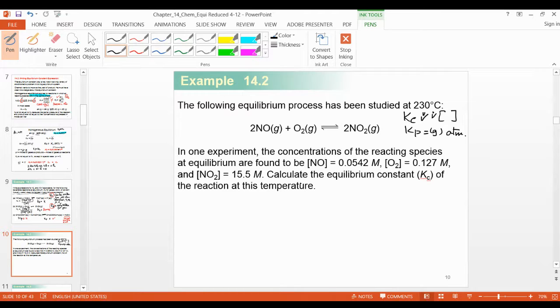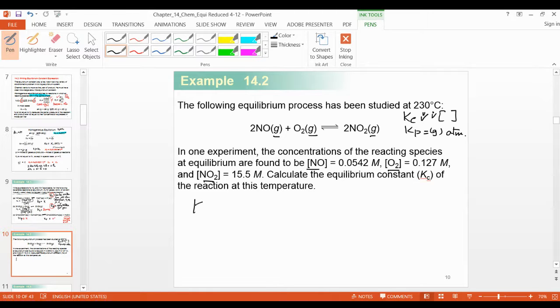So now look here. Although it is all gases, I told you Kc can be written for all, and the concentration is given in terms of brackets. It means you determine Kc here.